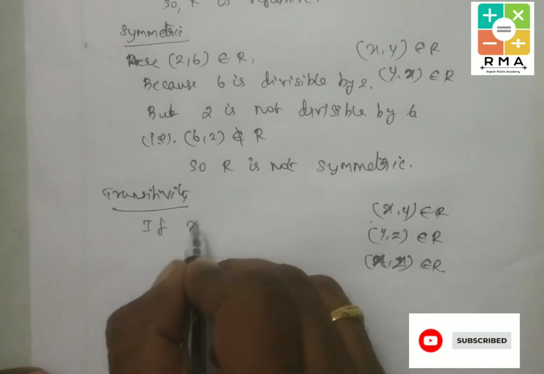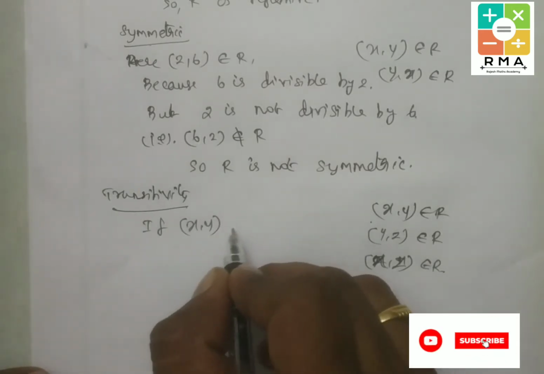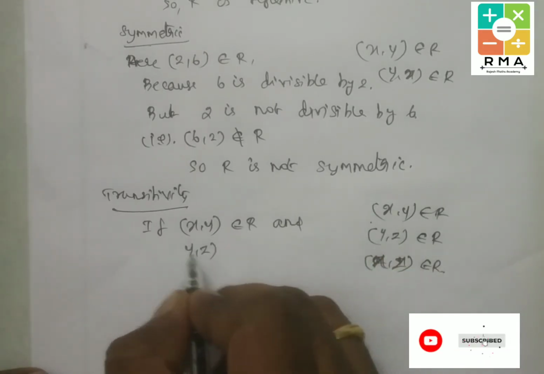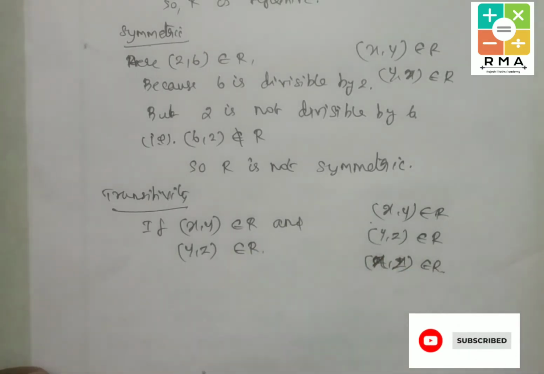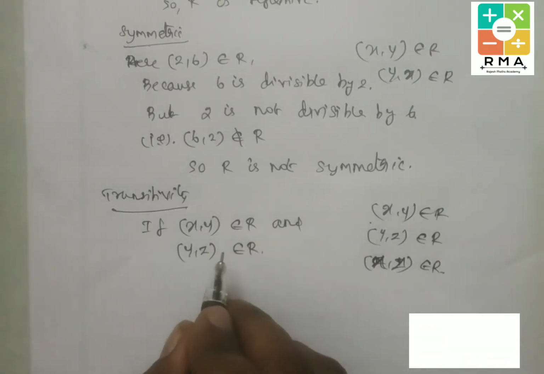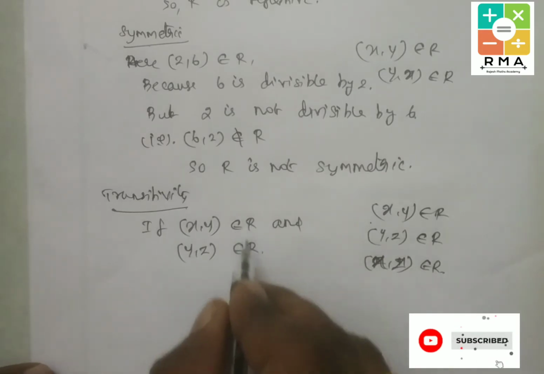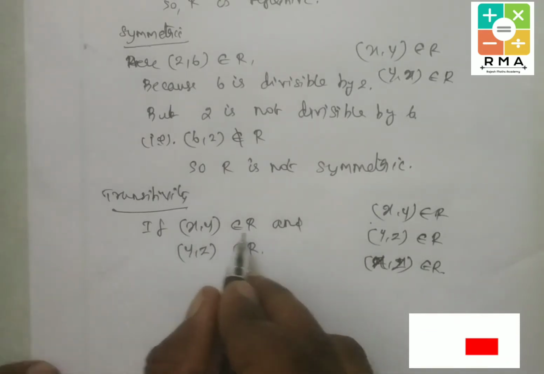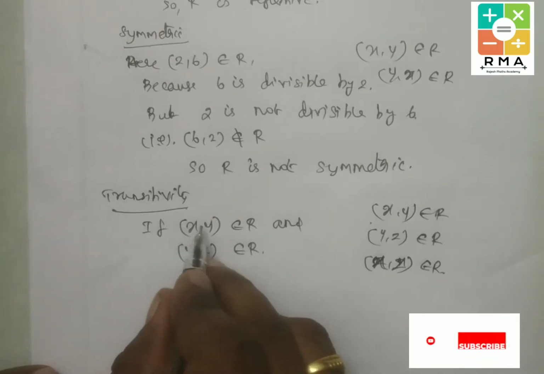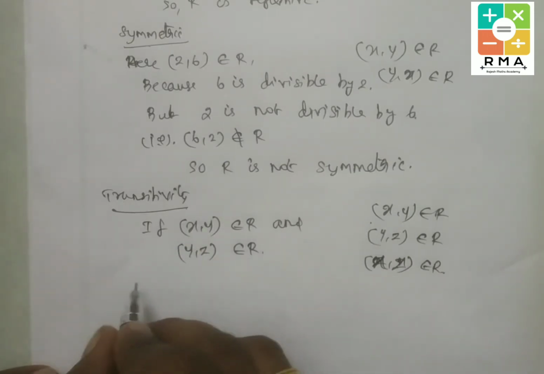So check that transitivity. If x comma y belongs to relation and y comma z also belongs to relation. I'm not going to prove by giving examples. I'm going to prove generally. So x comma y belongs to R, y comma z belongs to R means what is the relation between x, y and z?